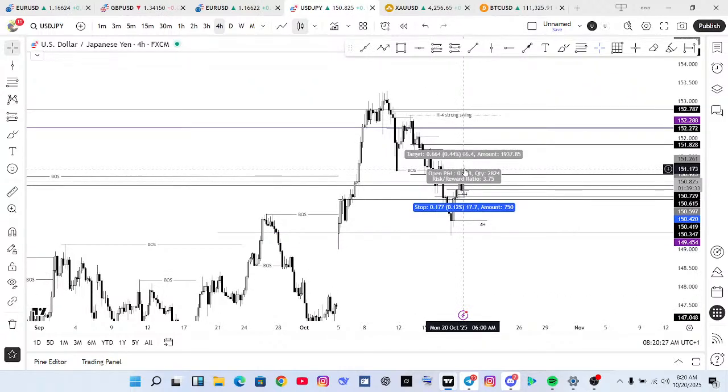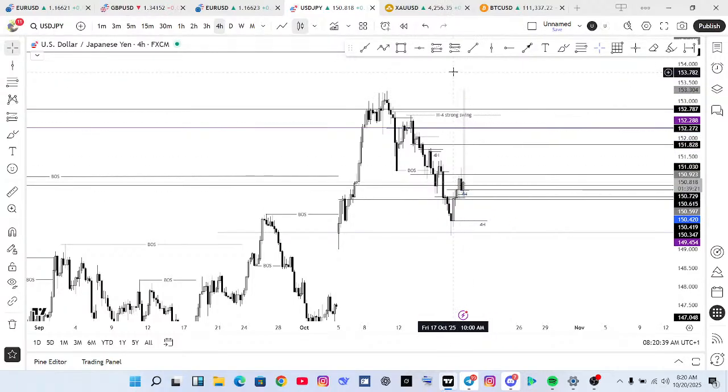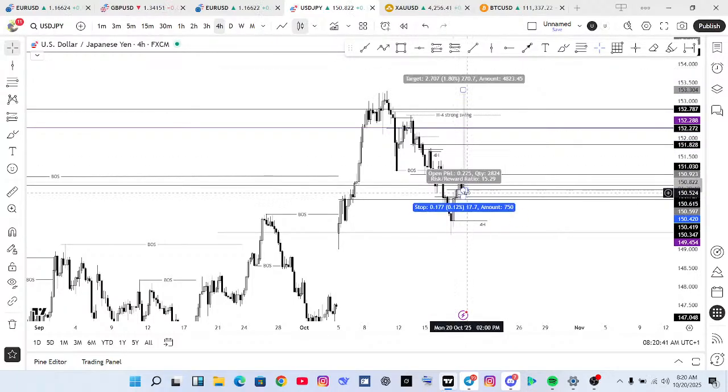I know that this is where my target is at 1:3, but my main target is all the way up to this high at 1:15, because I know that price will definitely break this high. If price is going to reverse from here, it will definitely break this high. So that is it.